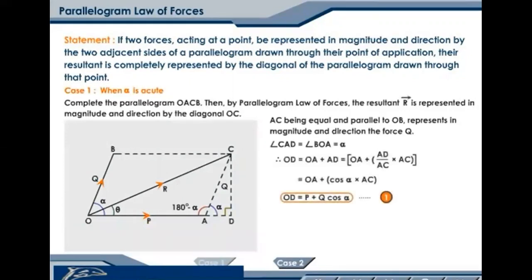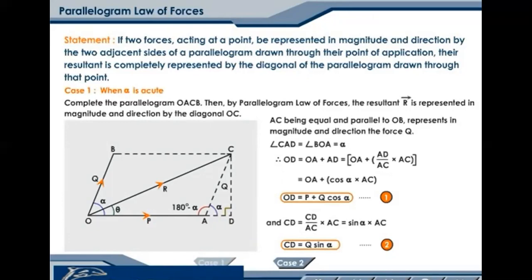OD is equal to OA plus AD. Thus we get OD equal to P plus Q cos alpha. Let this be equation 1. Also we have CD equal to Q sin alpha. Let this be equation 2.